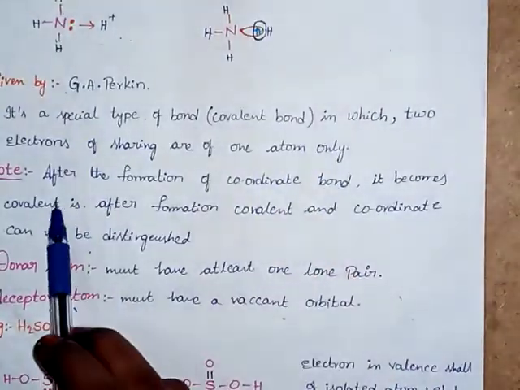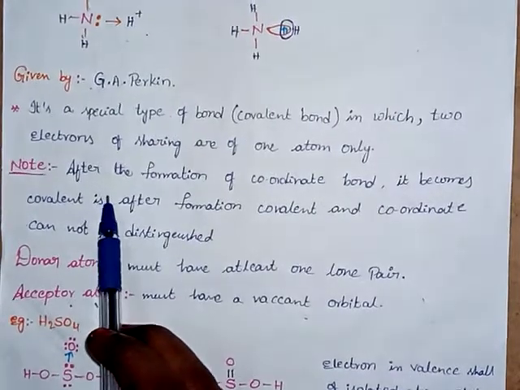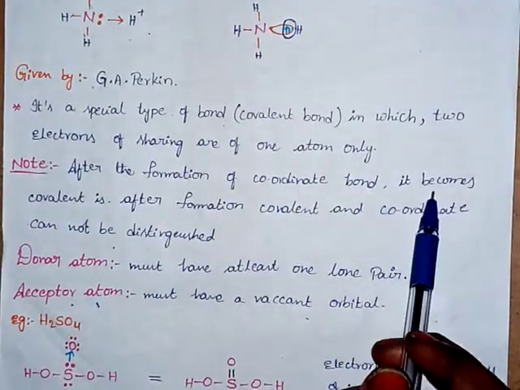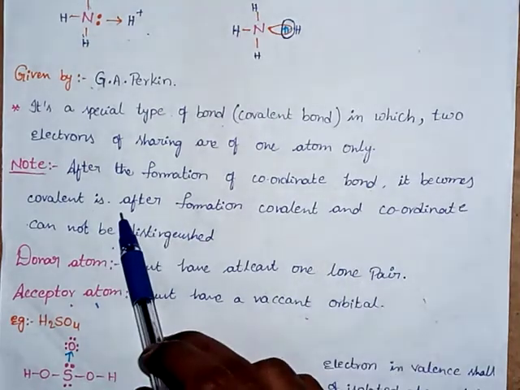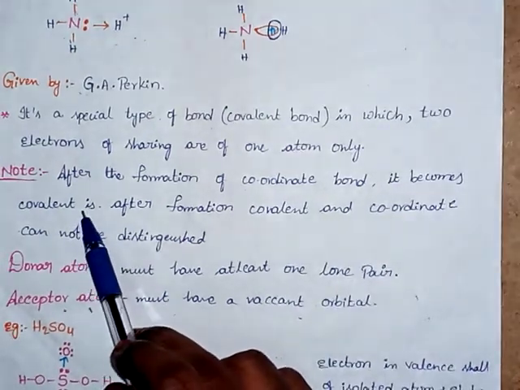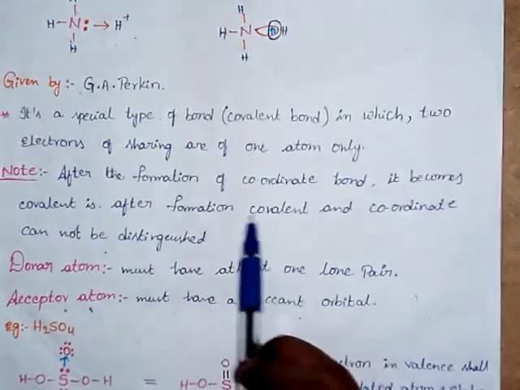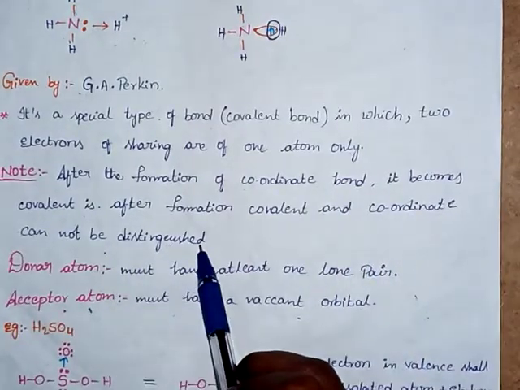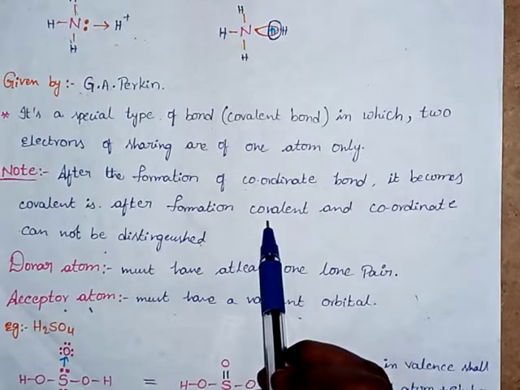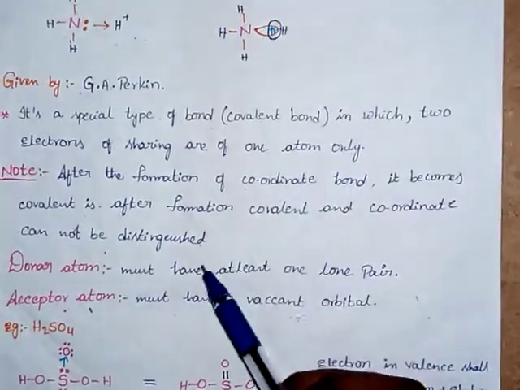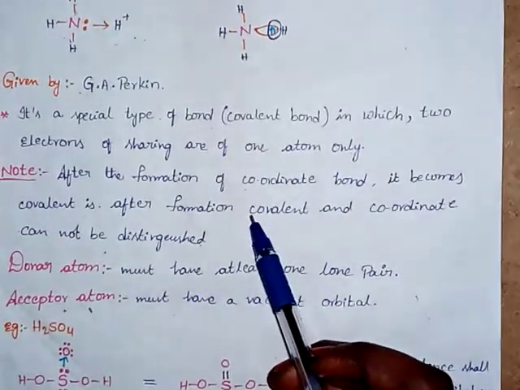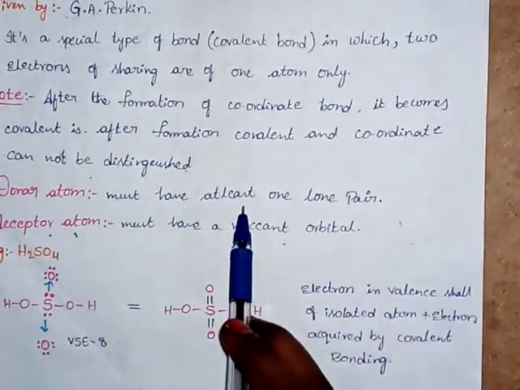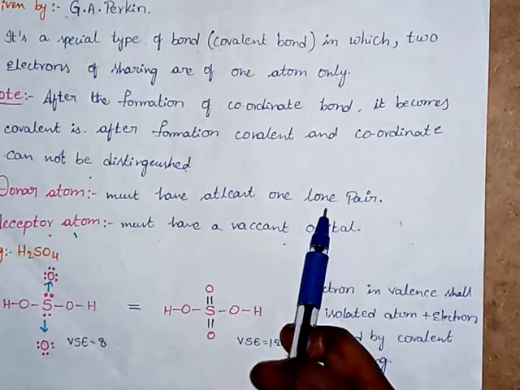Okay, so you have to remember this point very carefully. After the formation of a coordinate bond, it becomes a covalent bond. After formation, covalent and coordinate bonds can't be distinguished, because once the bond is formed we can't tell whether it is a coordinate bond or a covalent bond. So what will happen here? The donor atom must have at least one lone pair.